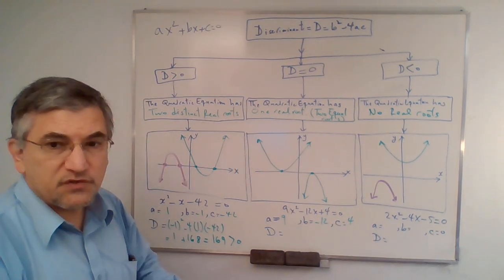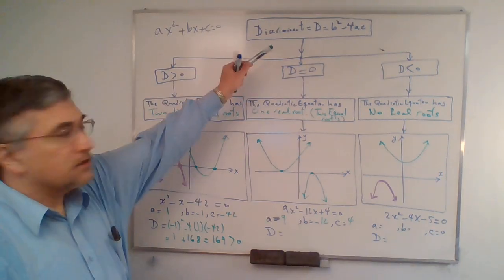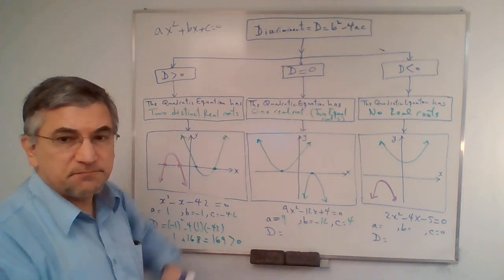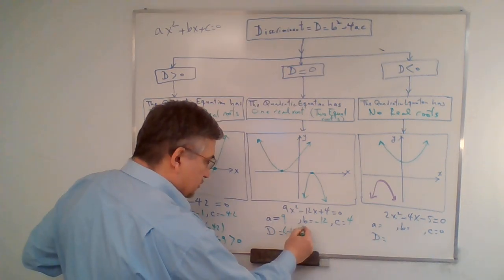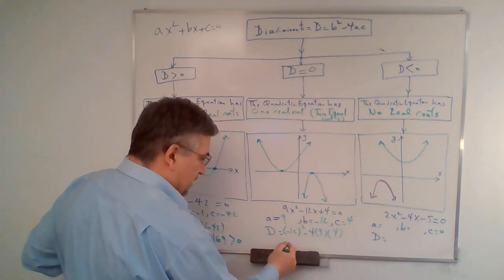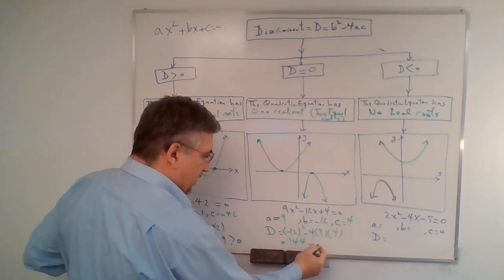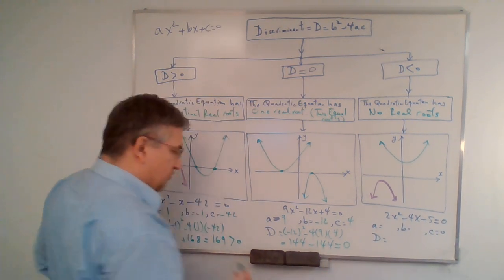For this exercise, A is 9, B is negative 12, and C is 4. Different ABC values this time for this quadratic equation. Procedure is the same. Discriminant formula does not change. B squared minus 4ac. So it's going to be negative 12 squared minus 4, a is 9 and times c. So that will be 144 minus 144, which is actually 0 this time.